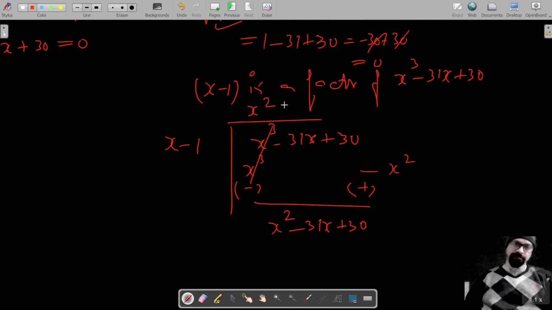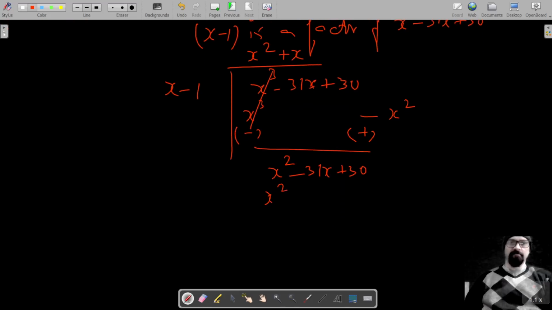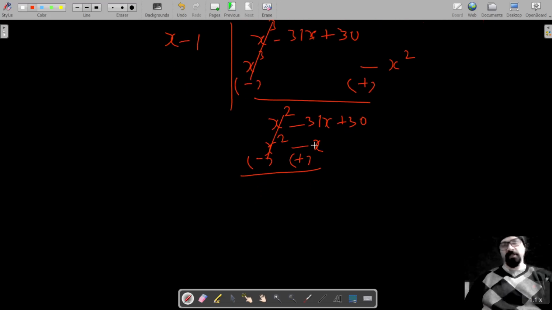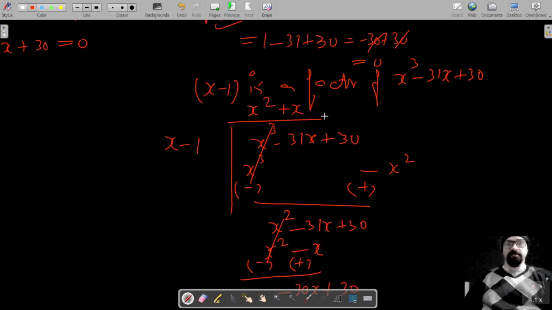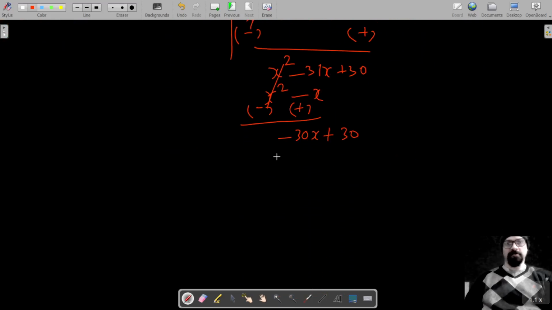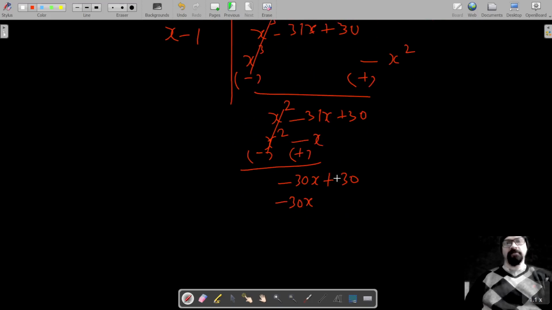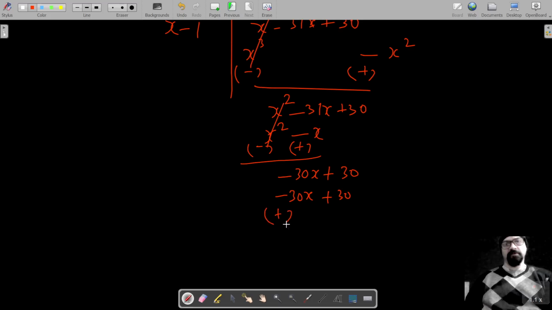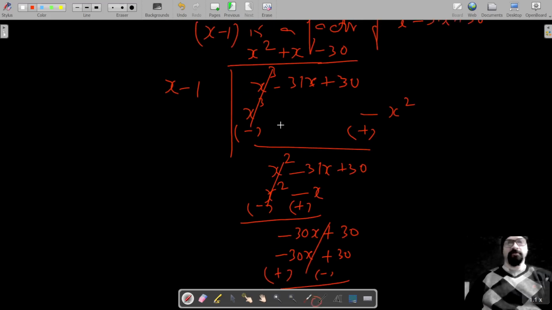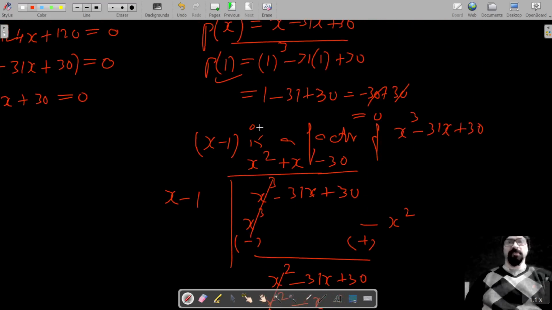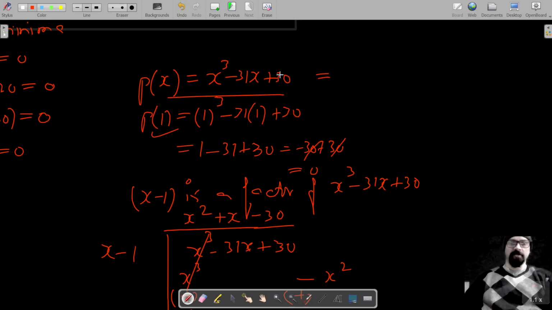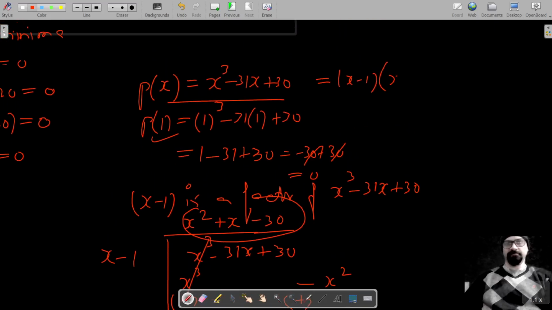Then the next term is plus x, giving x squared minus x, and minus 31x plus x is negative 30x plus 30, and negative 30x plus 30 gives 0. So I can write x cubed minus 31x plus 30 as x minus 1 times x squared plus x minus 30.